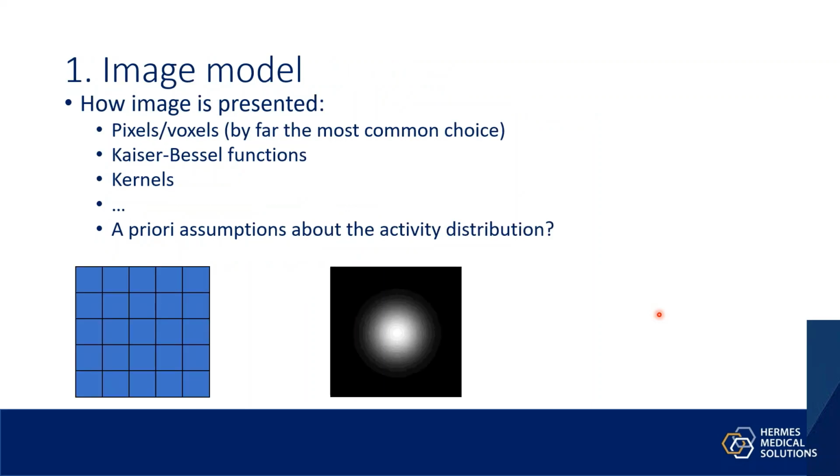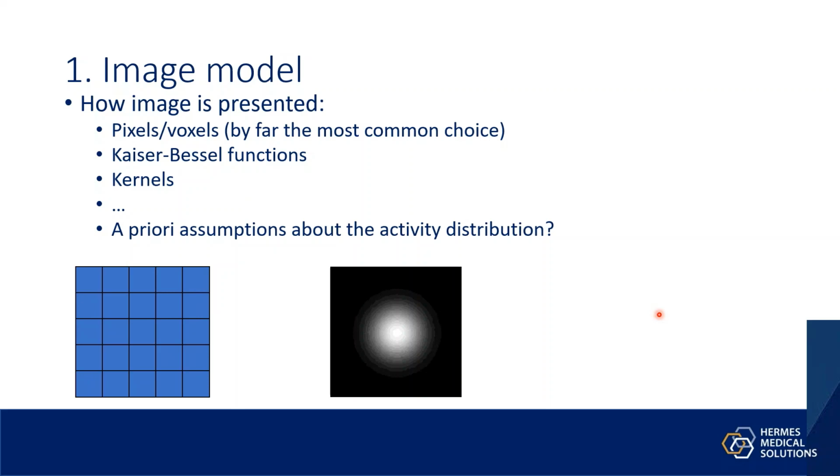The image model simply states how the image is presented, and in probably 99% of the cases we present our image using pixels or voxels.